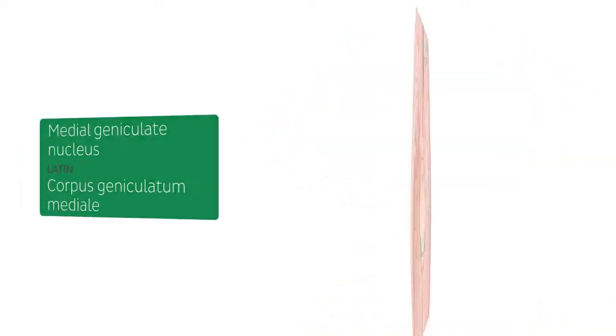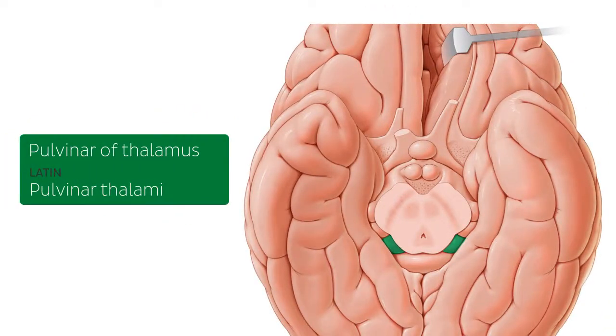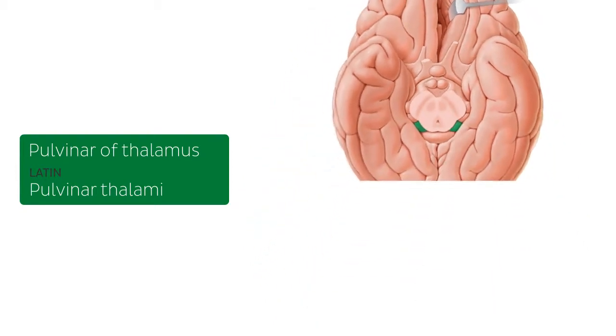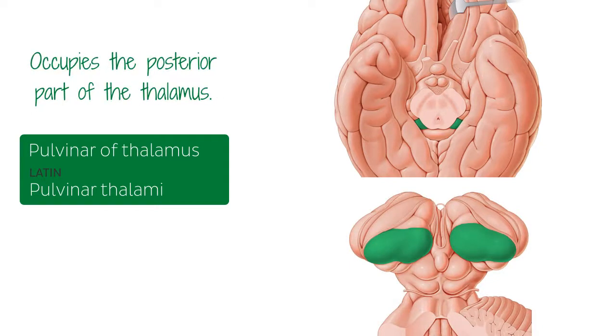The next structure we're going to be highlighting here is known as the pulvinar of the thalamus. So this is another thalamic structure that we can see here from the basal view of the brain. The pulvinar can be divided into several nuclei, and it occupies the posterior of the thalamus. And you can clearly see here on this last image that we just added how it's occupying the posterior part of the thalamus.